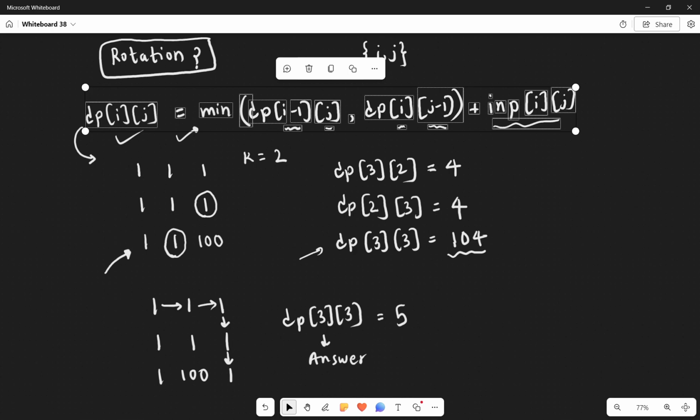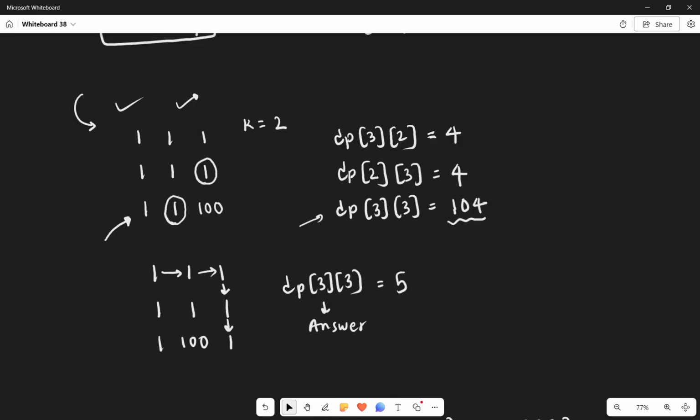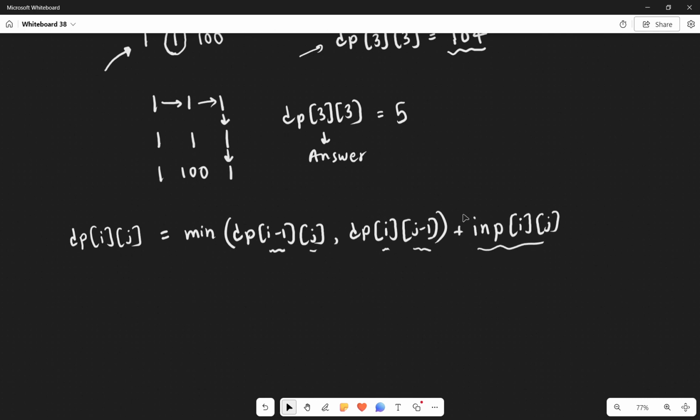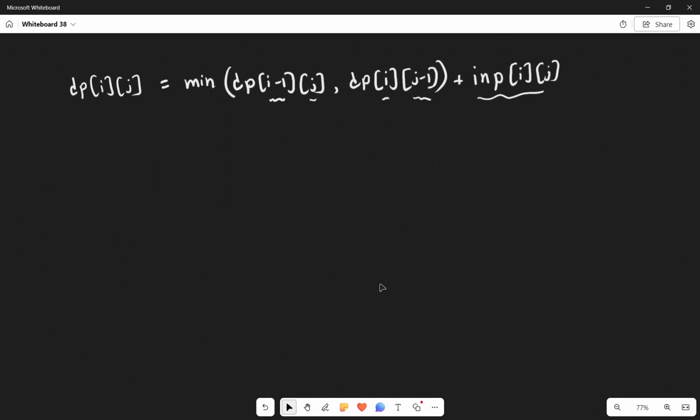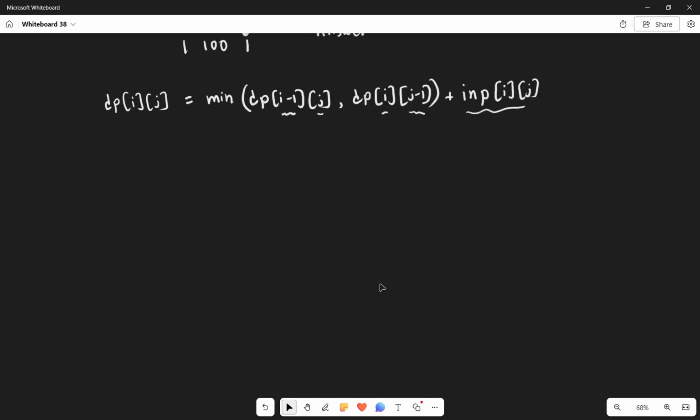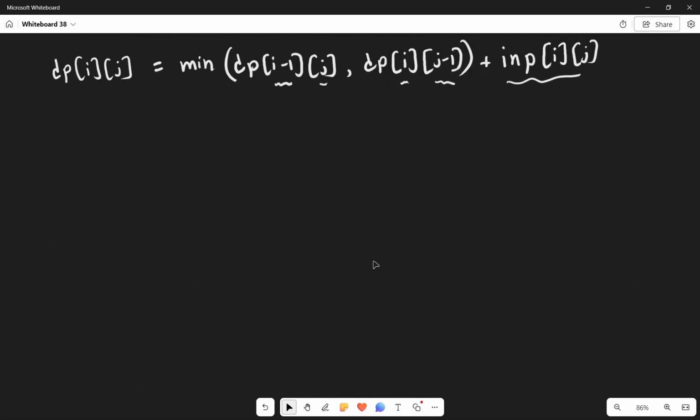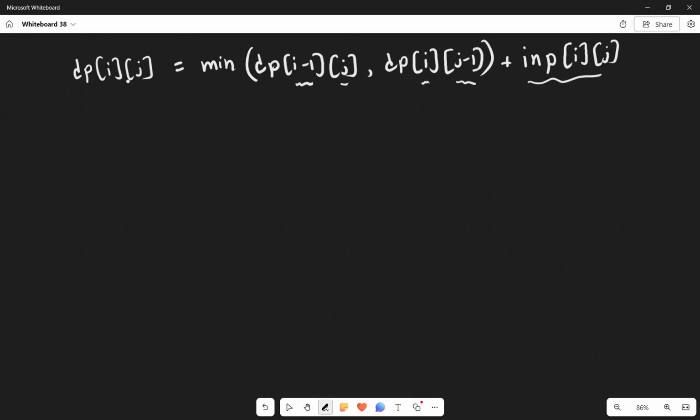Okay, so let us try to fit the rotation analogy or the rotation optimization in our DP. What I will try to initialize is that I will write dp of i comma j comma x. Okay, so what will this denote?